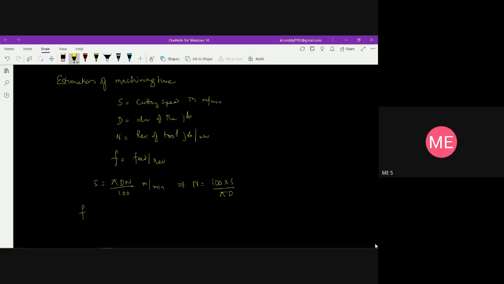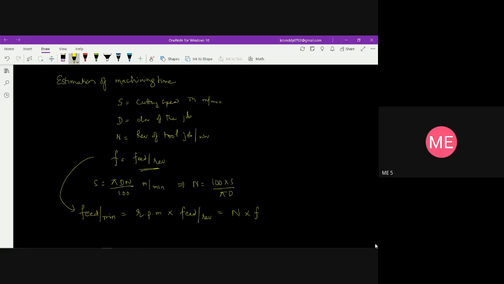If I want to get feed per minute, then I take RPM, revolutions per minute, into the feed per revolution. So feed per minute is N into F, where F is the feed per revolution.